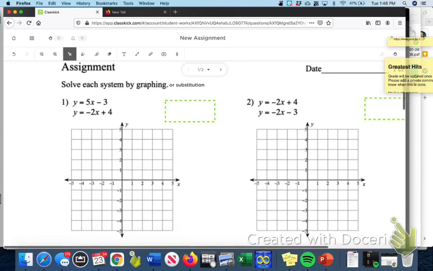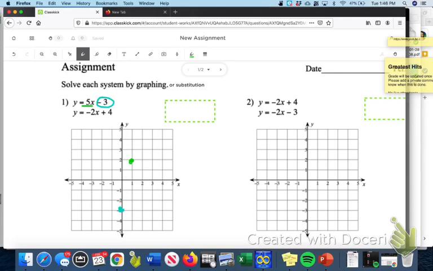Let me remind you how you could do each one, and I'm going to use number 1 as an example. For problem number 1, we're going to graph the top equation starting at -3. Our slope tells us that each coordinate from there is going to be up 5/1.